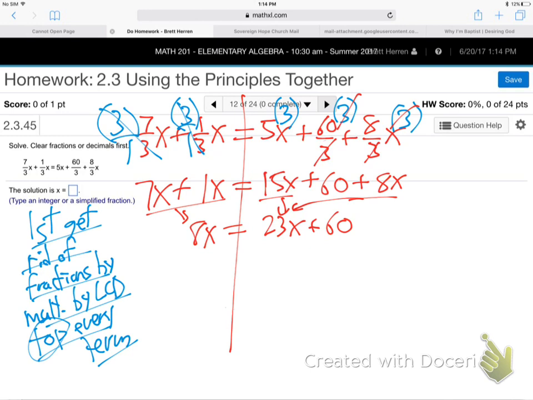Doesn't matter which one. Just get rid of one of them. What would be easiest is to get rid of the 23x, because then you'd have just x's on the left side. So I'm going to do that. I'm going to go minus 23x, minus 23x. That'll clear that one out. Does that make sense?